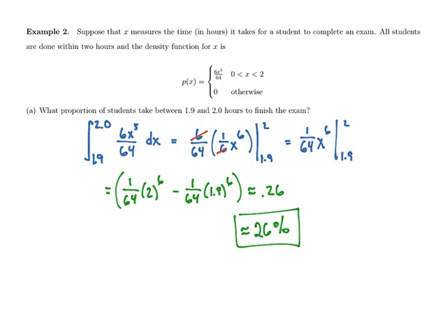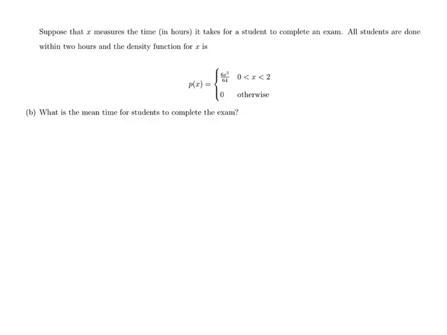All right, now let's think about mean and median. First question, what is the mean time for students to complete the exam? So to find the mean, that's going to be the integral from negative infinity to infinity, x p of x dx.